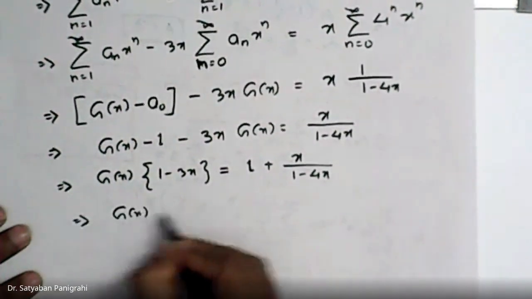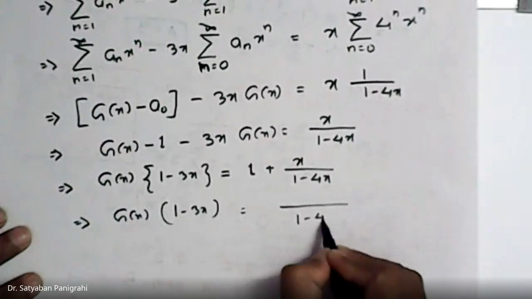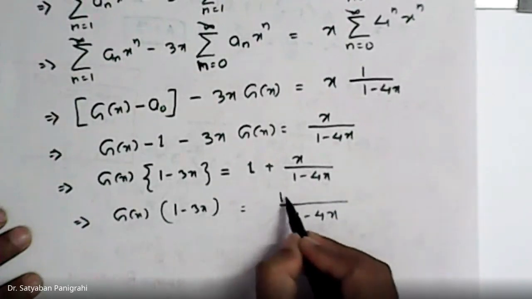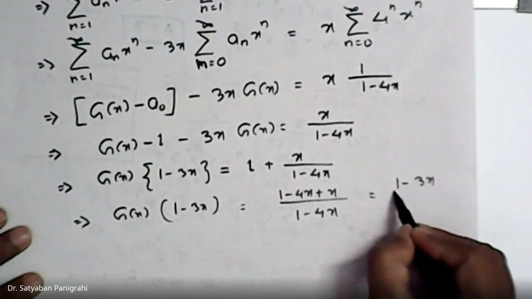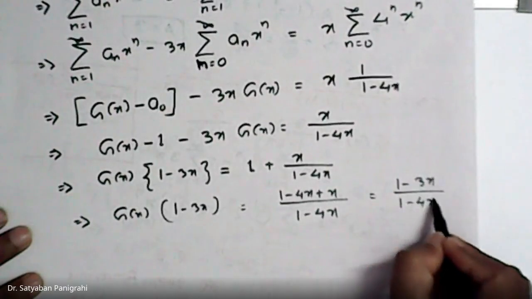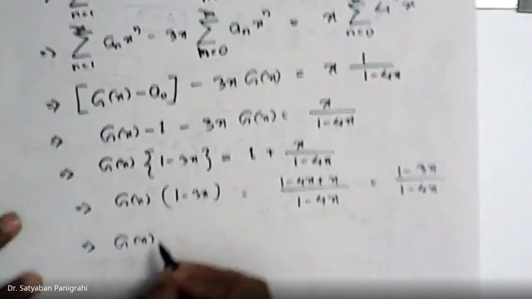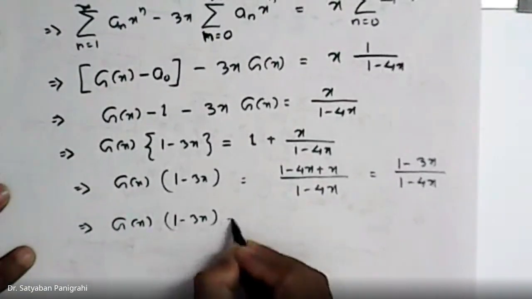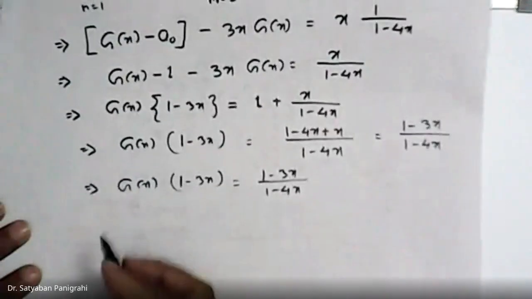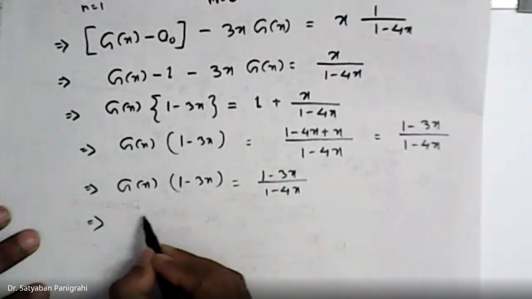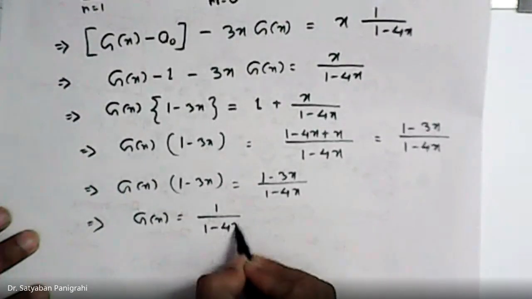So here g(x) times 1 minus 3x. Now simplifying this gives 1 minus 4x: here 1 into 1 minus 4x, 1 minus 4x plus x, that is 1 minus 3x, divided by 1 minus 4x. That means I got g(x) into 1 minus 3x as 1 minus 3x divided by 1 minus 4x. Now cancelling 1 minus 3x from both sides, I get g(x) equal to 1 divided by 1 minus 4x.